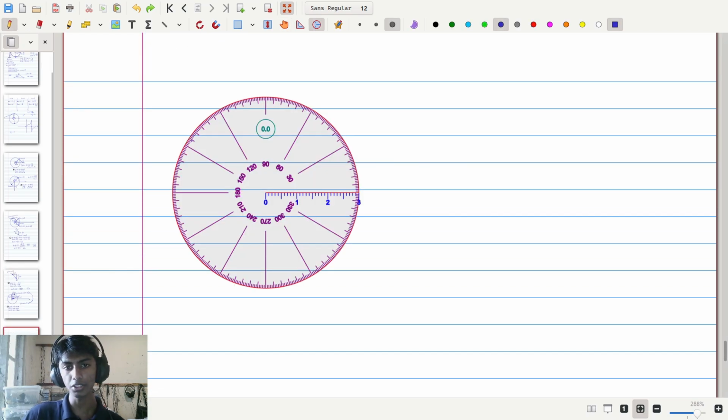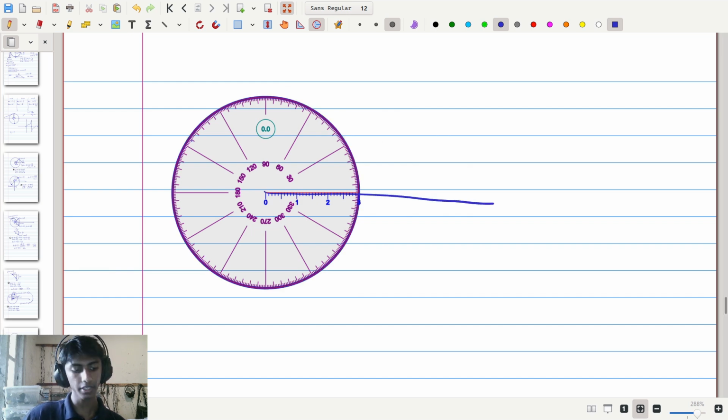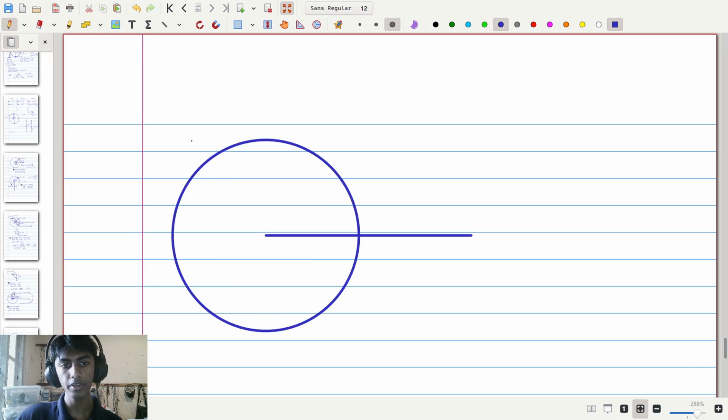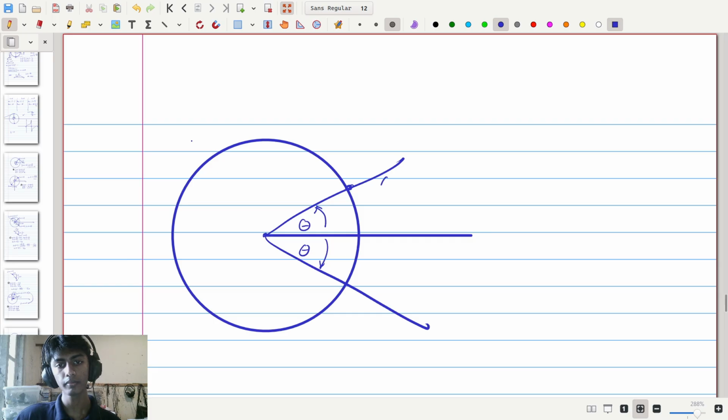Considering the final relationship, if we consider this circle here, if we consider the angle theta in the positive direction, and then we consider the angle theta in the negative direction, such as this point here is cosine theta comma sine theta.